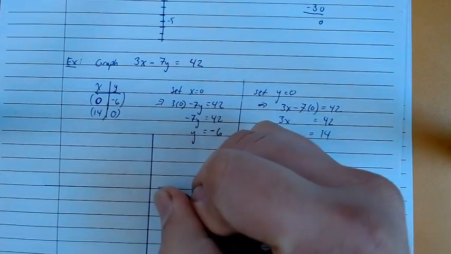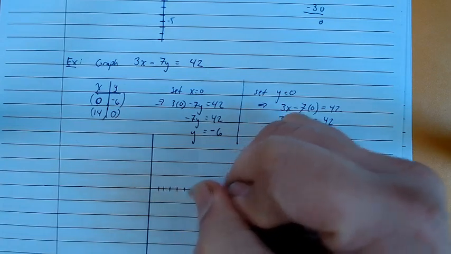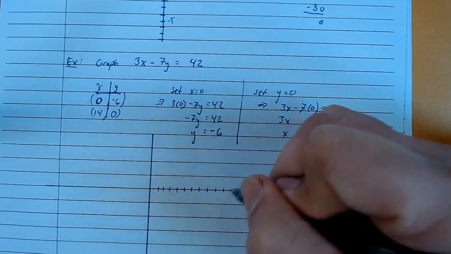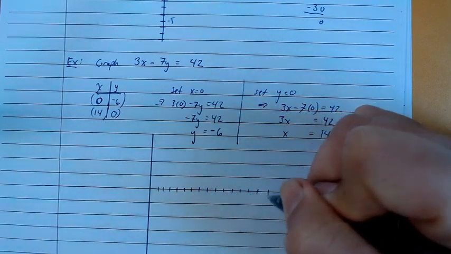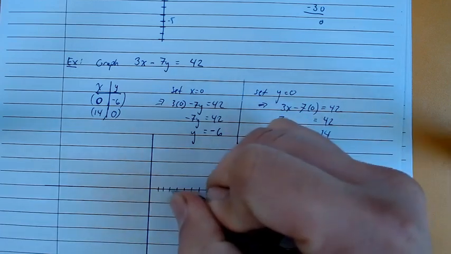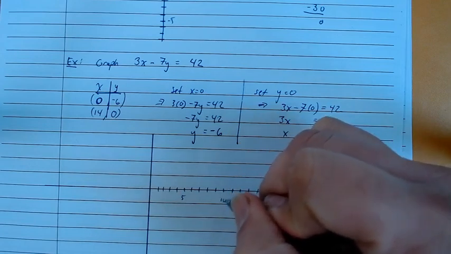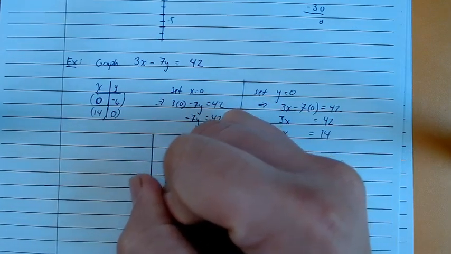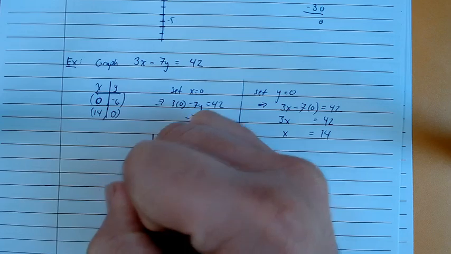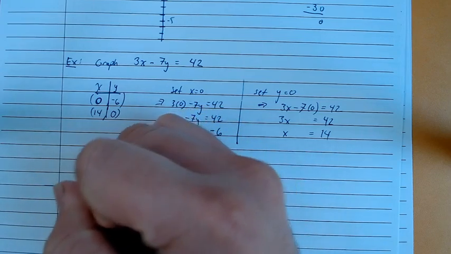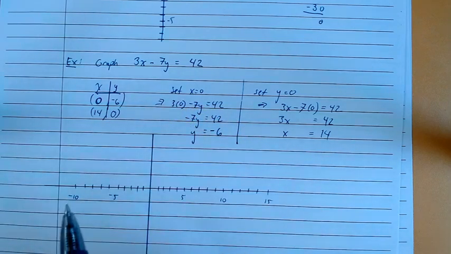Let's see, my x values, 1, 2, 3, up to 15. And here, 1, 2, 3, up to 10.